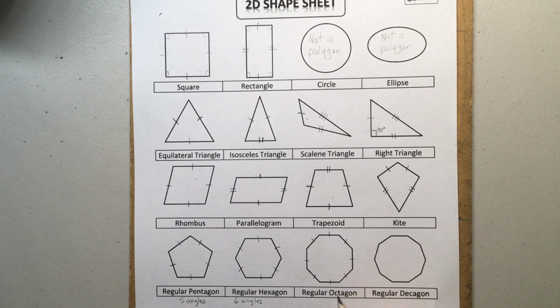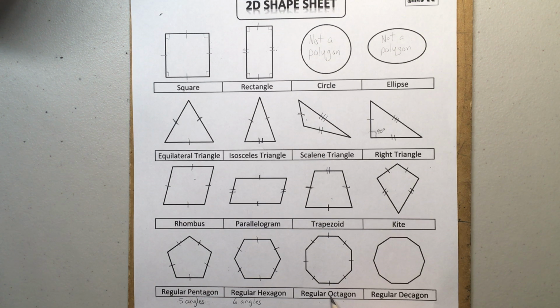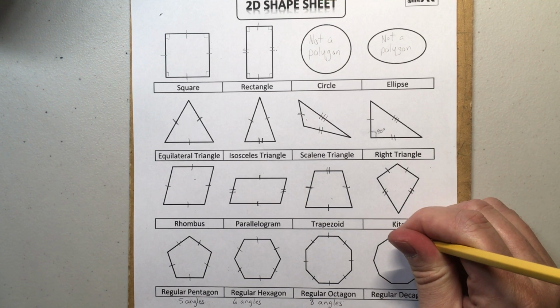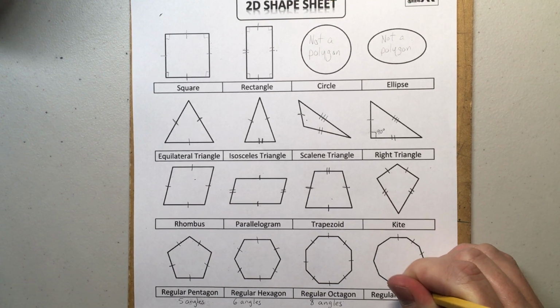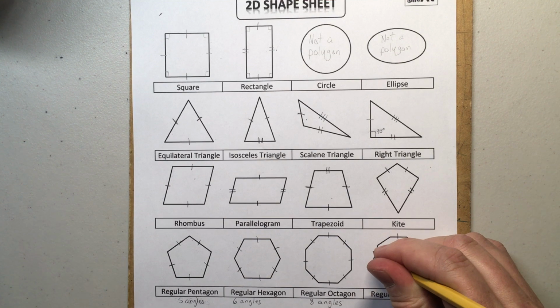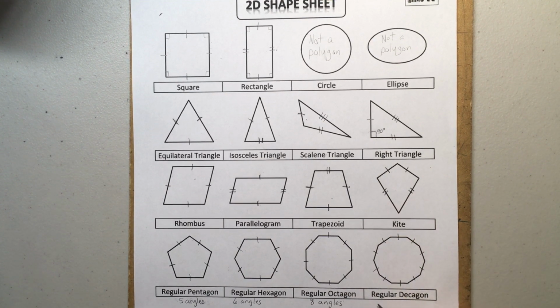Like an octopus has 8 tentacles. An octagon has 8 sides or 8 angles. A regular decagon has 10 sides. 1, 2, 3, 4, 5, 6, 7, 8, 9, 10. 10 angles.